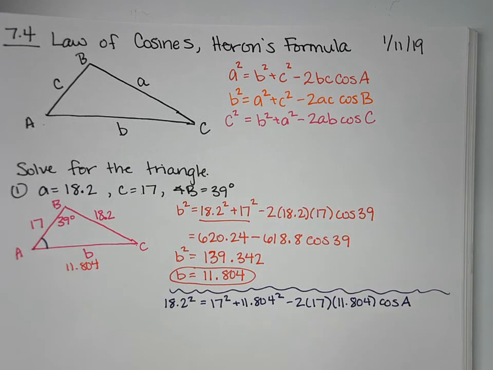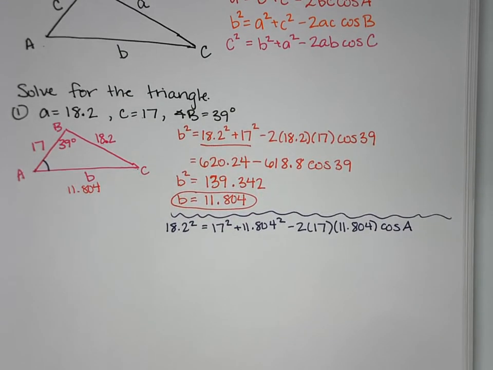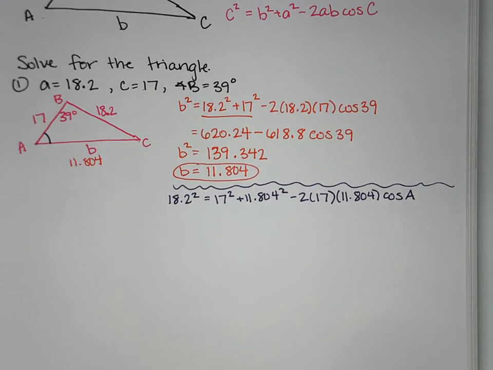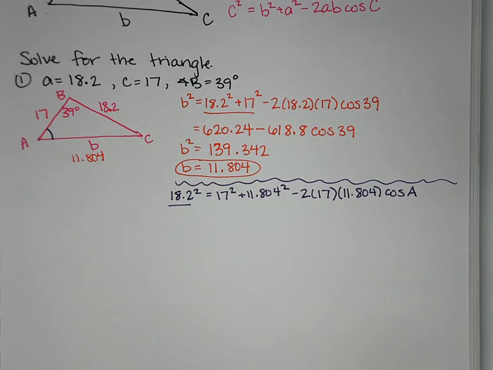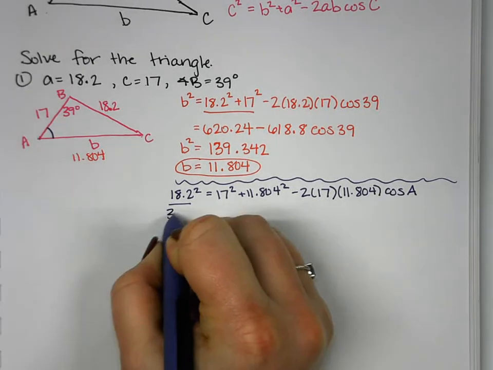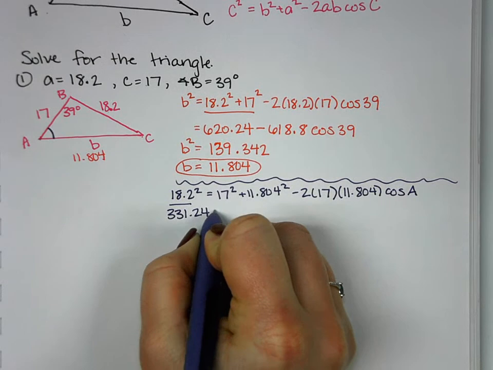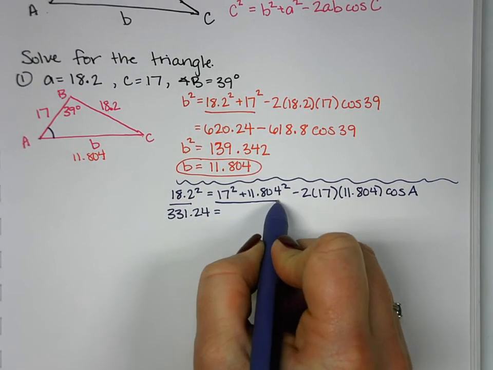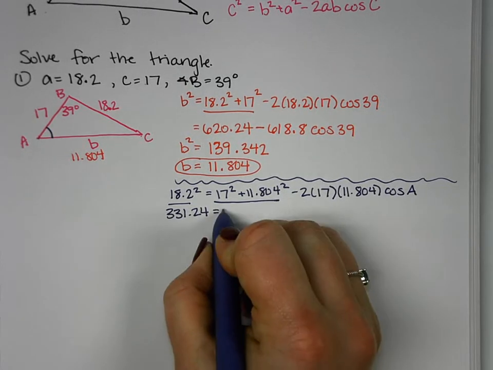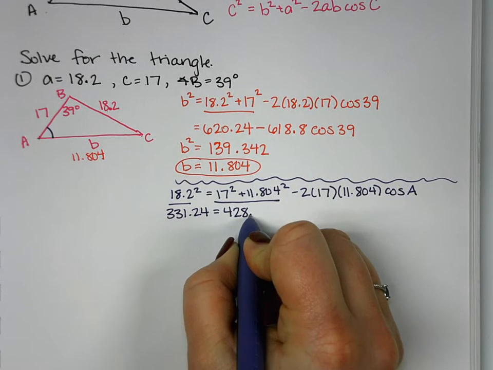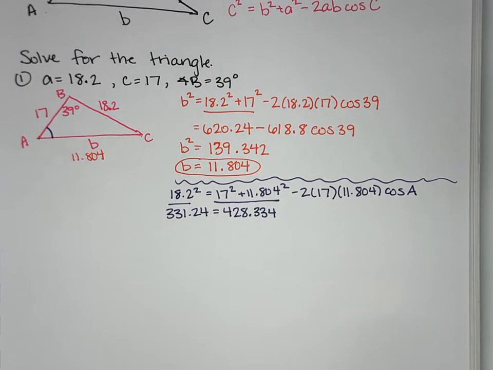Just like in the last one, I'm going to do a couple of little steps rather than typing everything into a calculator at once, just to make sure I don't make any little mistakes. First, 18.2 squared is 331.24. Then 17 squared plus 11.804 squared gives 428.334 when I round to 3 decimal places.